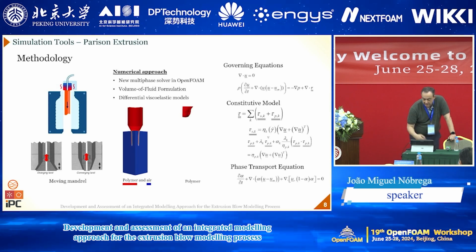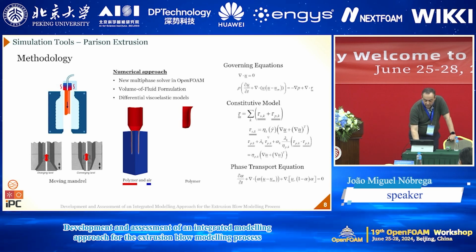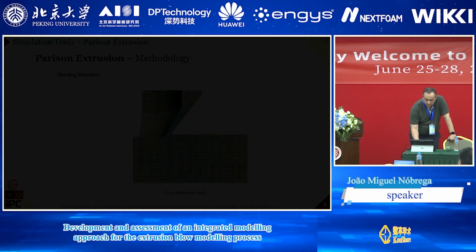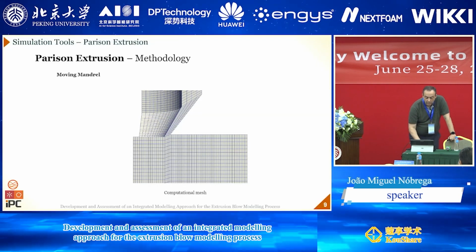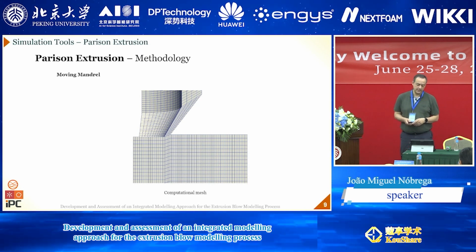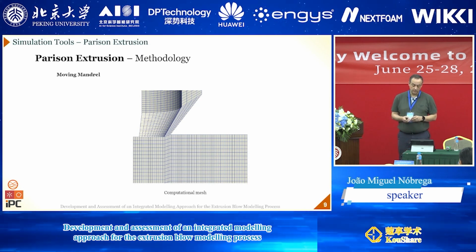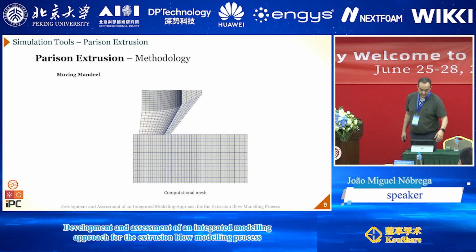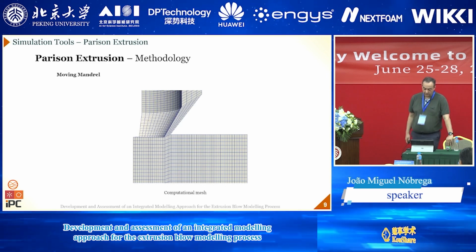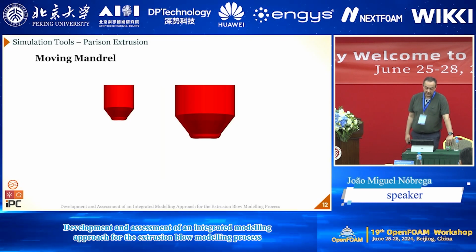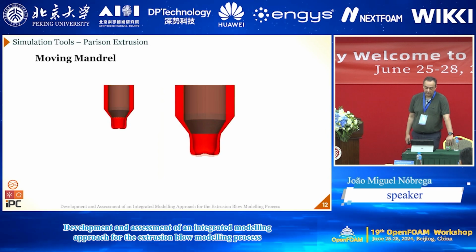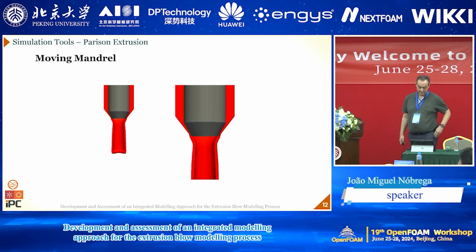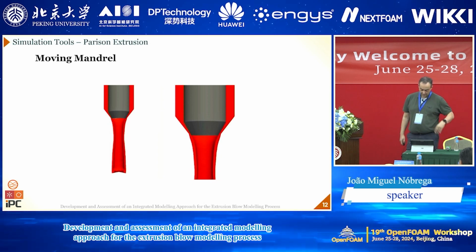And this is what you get in VOF if we isolate just the polymer part in terms of simulation. And in order to mimic the moving mandrel, we used the dynamic meshes from OpenFOAM. And you see here a typical production of the tube with the moving mandrel. The mandrel moves.